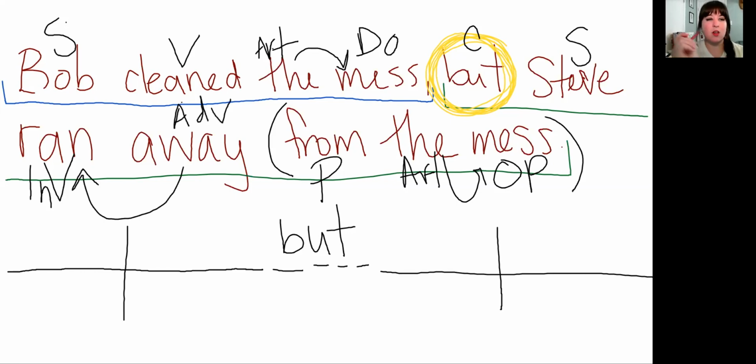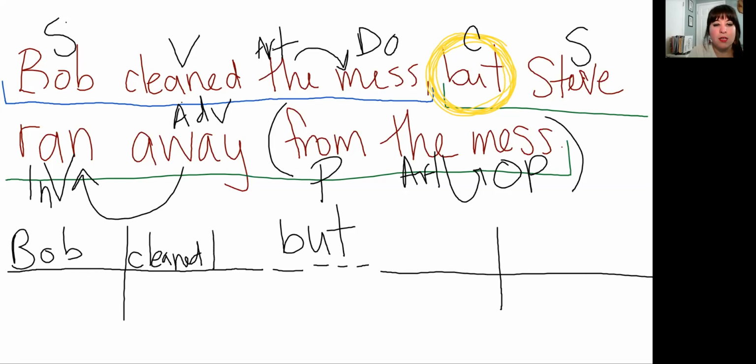Okay, let's see if we can fit this on the diagram. Bob. What did Bob do? Bob cleaned. What did Bob clean? Mess. What kind of mess? Or were there many messes, one mess, two messes? No, he cleaned the mess. Okay, but right here we have something that's going to join.